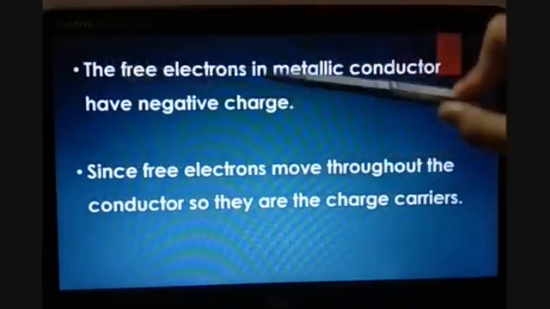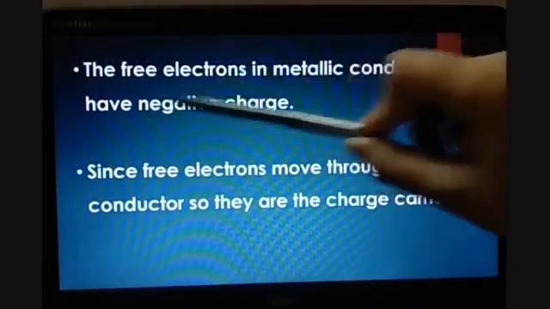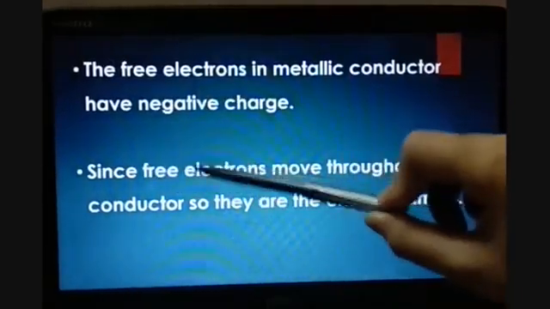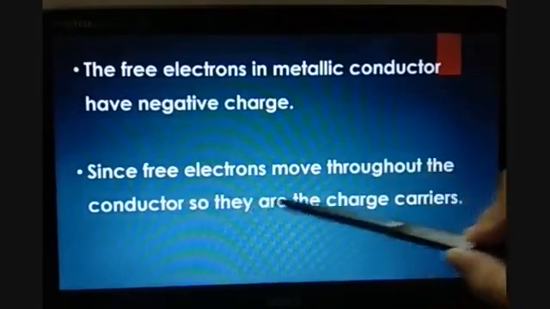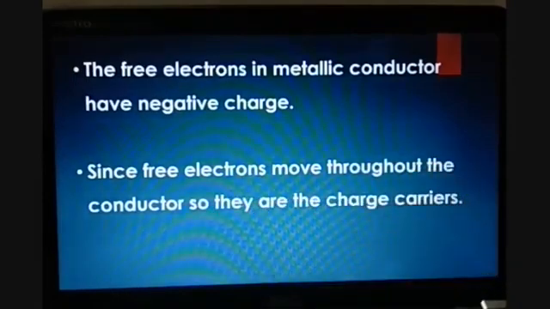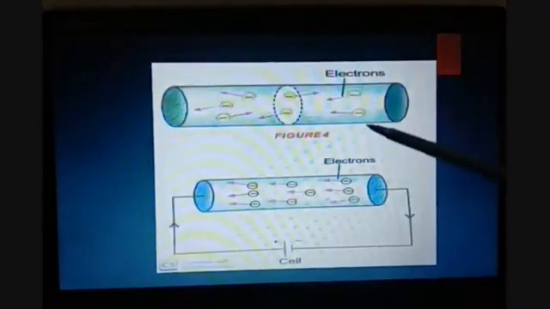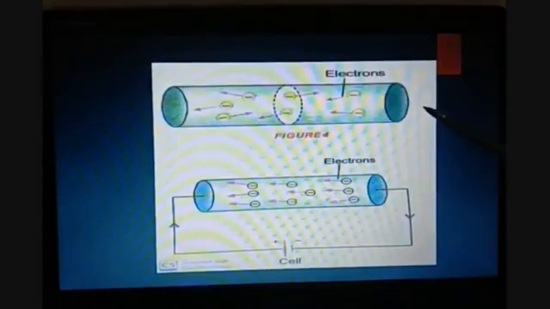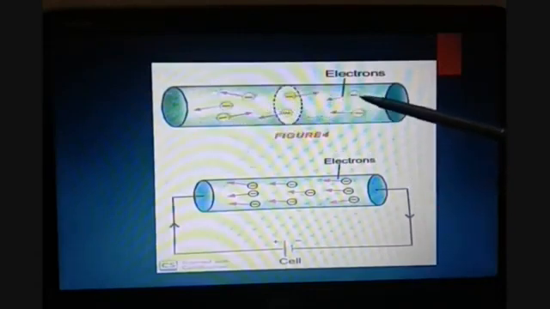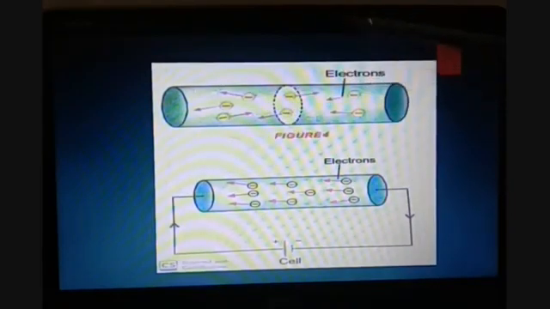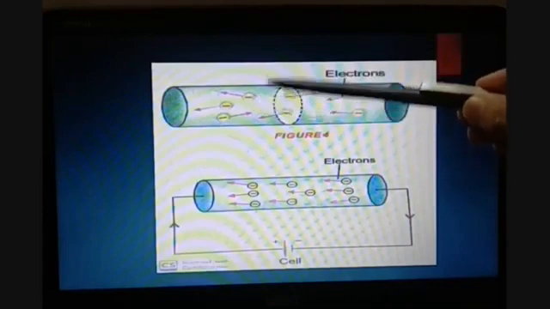The free electrons in a metallic conductor have a negative charge. Since free electrons move throughout the conductor, they are the charge carriers in the conductor. Here you can see one conductor, and these are the free electrons moving in the conductor, but with a random motion.